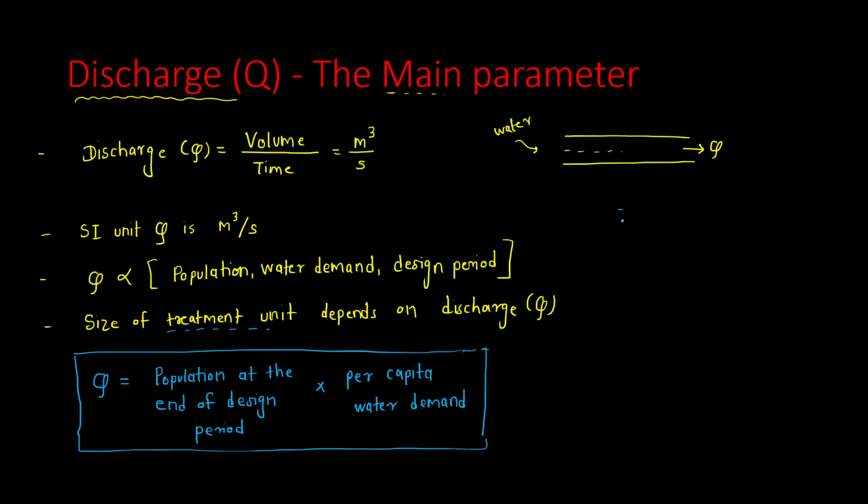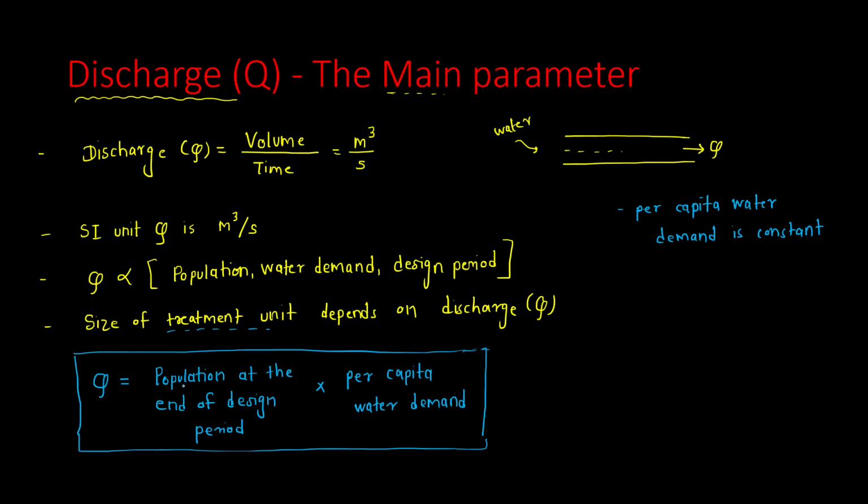We'll see in the next video in detail about this. One thing you should note, that this per capita water demand is constant, because we will be taking the average value, hence that value will be a constant for a particular area.